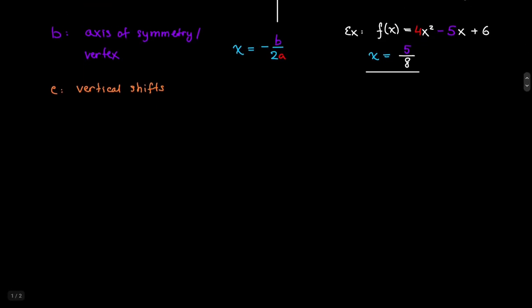Next up, let's discuss the vertex form in a bit more detail. The vertex form is extremely comfortable to use to identify any transformations of the parabola, because here the value of a, just like before, takes care of any stretching and compressing.